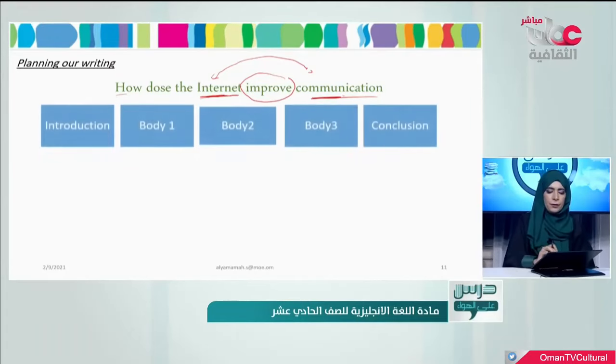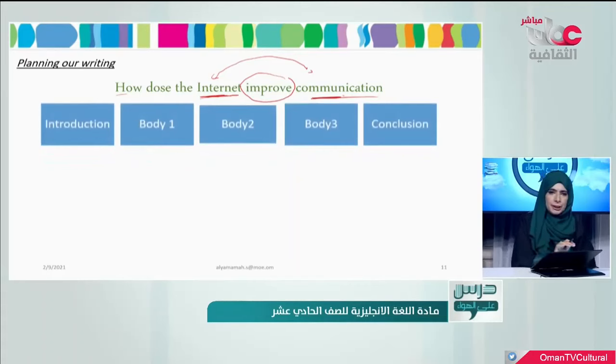As we said before, each essay or written or informative text will include an introduction, one paragraph, then we will have a body part, which will include 3 paragraphs, as you can see here on the screen, paragraph number 1, 2, and 3. This is the body.